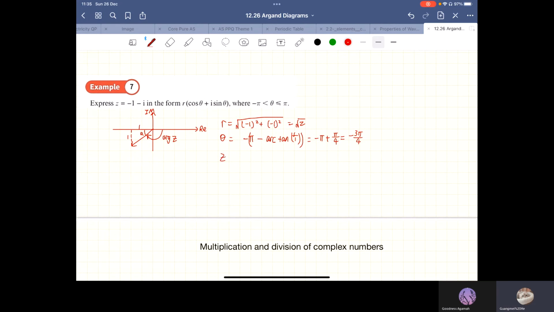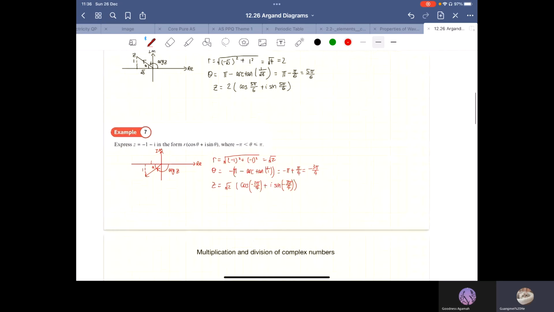And finally, that is equal to root 2 times cos negative 3 pi over 4 plus i sine negative 3 pi over 4. And it would be a good idea to put a bracket around this negative number. That's it with this example. Any questions?